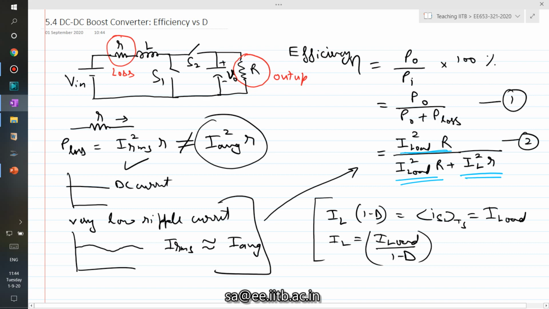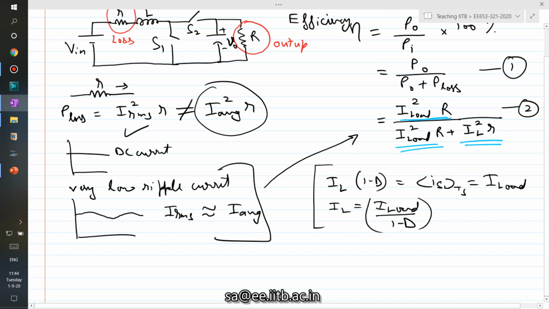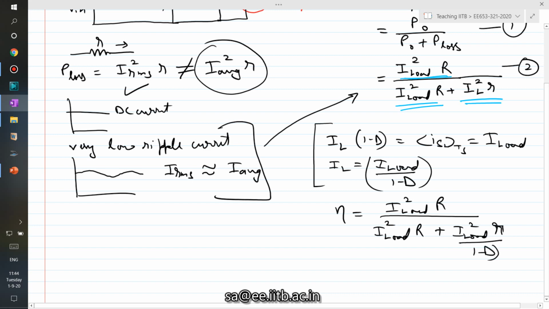This kind of thing we have been doing in a few of the previous lectures also. So in case you are unable to understand how I could directly write this equation, have a look at some of the previous video lectures. So I'll substitute the value of IL in efficiency eta. Eta is equal to I load square R upon I load square R plus I load square r upon (1 minus D) square.